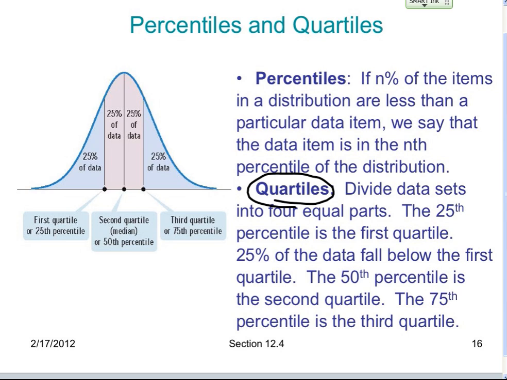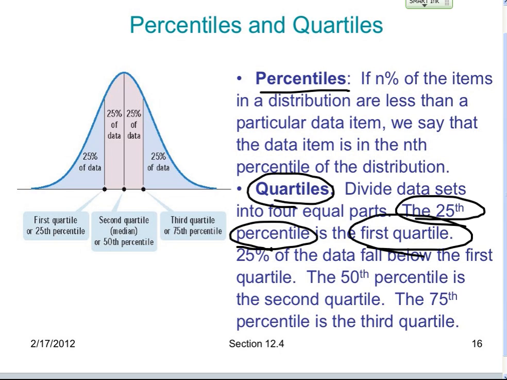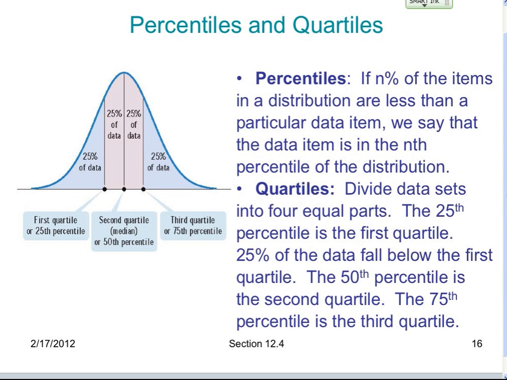Quartiles are very similar, but instead of going by 1, 2, 3 up to 100, we go by 25s. So the 25th percentile is the same as the first quartile. Remember quarters, 4 quarters in a dollar. Quart refers to 4, so there are 4 quartiles.